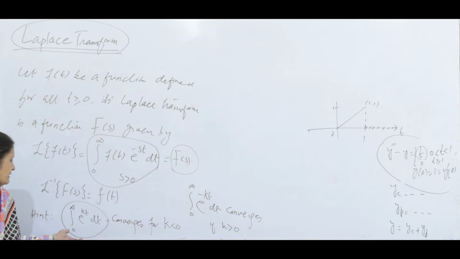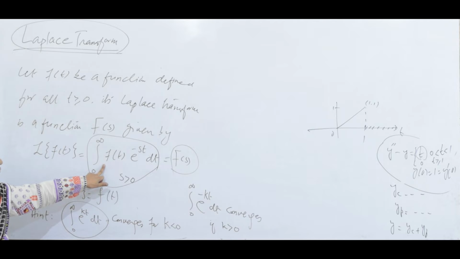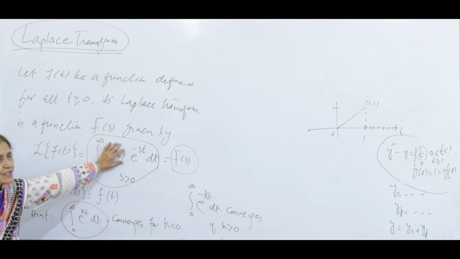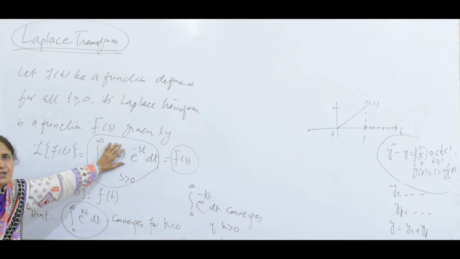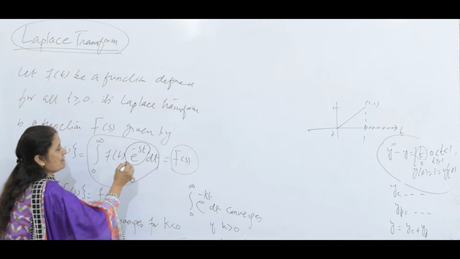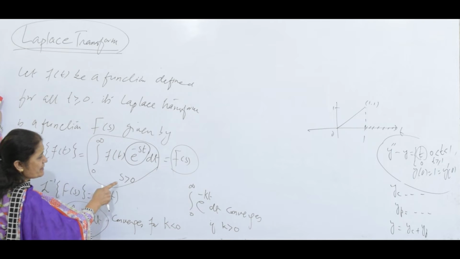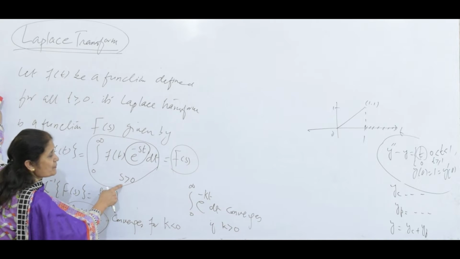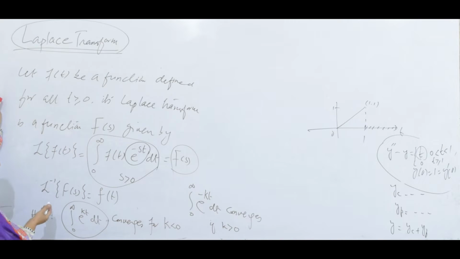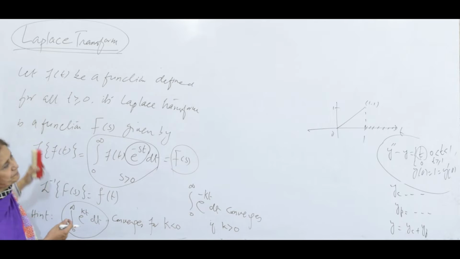If not, then this integral does not converge. So this is all about the definition of Laplace transform. It is an improper integral. This function is defined for all t greater than or equal to 0, and because this is e to the minus st, s must be positive. If s is positive, the whole integral converges, giving you an answer F(s). And if you take the Laplace inverse, you get the function back.